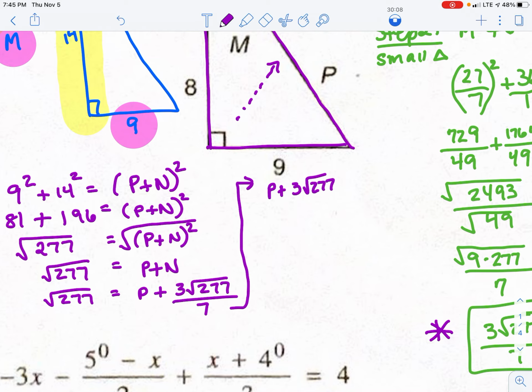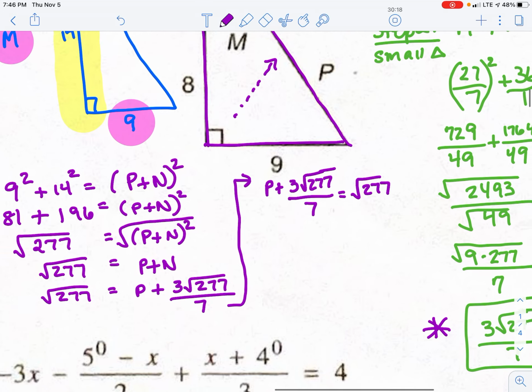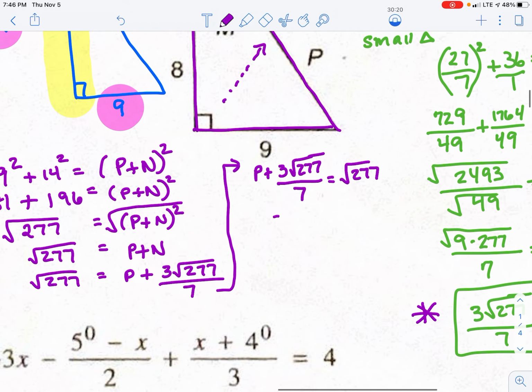Don't be alarmed that I'm doing that. That's legal. Okay, now I can subtract this term right here from both sides.